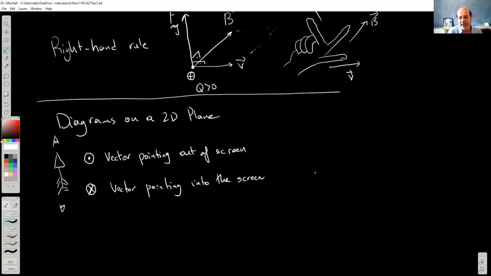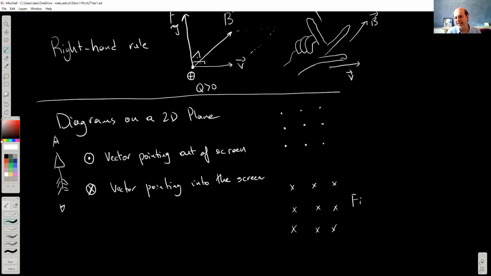In the case of a field, there are vectors everywhere in space. In that case, I'm just going to show the vector field which is pointing towards us with arrays of dots only. And if the vector field is pointing into the screen, I'm just going to show it with arrays of crosses, all right?